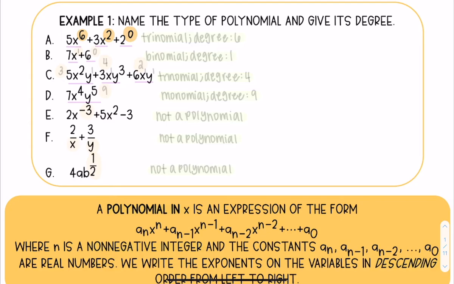We also know that this is a trinomial because we have three separate terms. So that's the type. It's a trinomial. And the degree is whatever the highest degree present, which is 6.